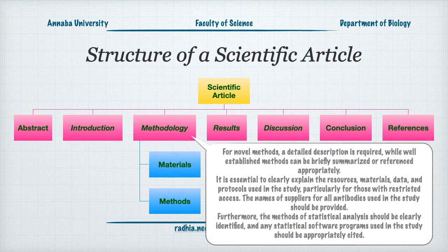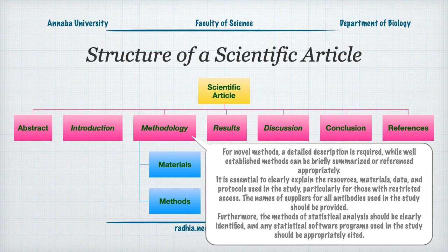The methodology part provides a comprehensive description of the research methodology to enable others to replicate the work. For novel methods, a detailed description is required, while well-established methods can be briefly summarized or referenced appropriately.